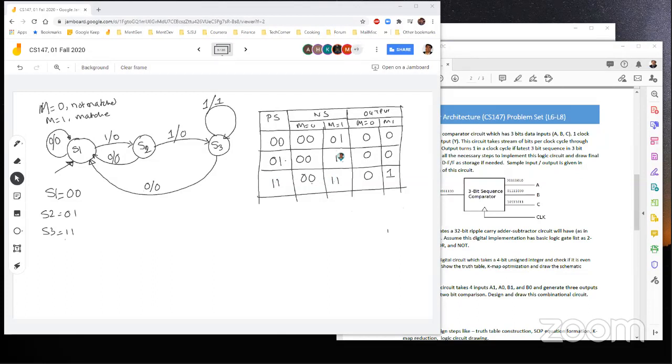Okay. Now from there, the tricky part is to construct the truth table.